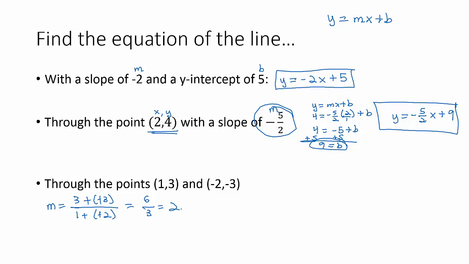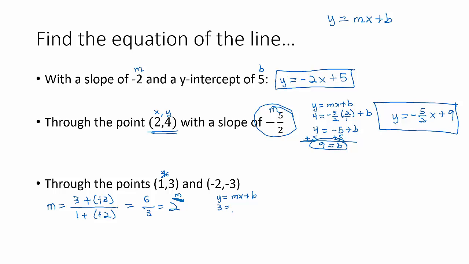OK, now we know the slope. We've got m. And just like we did in the previous problem, we can use one of these points. It doesn't matter which, so I'm going to pick the one with all the positive numbers to figure out what the b is. So y equals mx plus b. Let's plug in what we know.